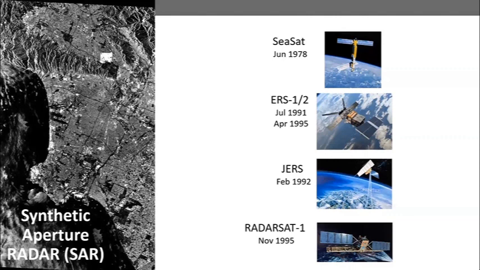The Japanese launched a satellite, the Canadians launched a satellite. NASA was focused on shuttle-based radar missions. Those were shorter in duration, but had advanced radar, so multi-frequency, fully polarimetric radar missions.